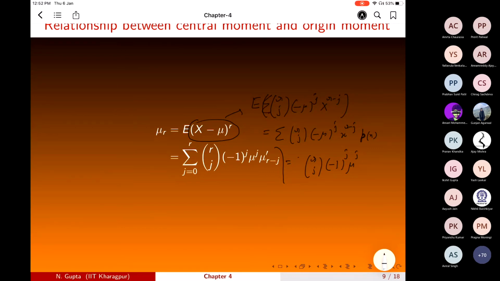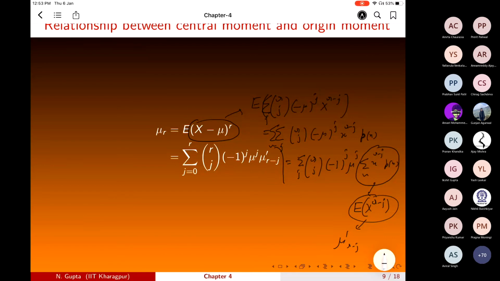So this is the summation over j, and the summation over x of x raised to power r minus j p(x). This will be the expected value of x raised to power r minus j, so this is mu dash r minus j.